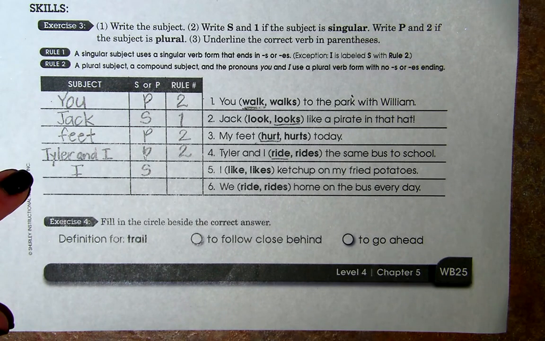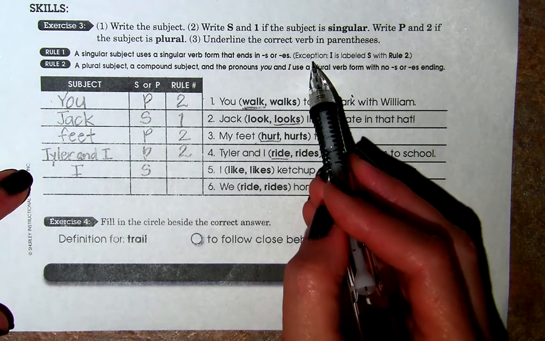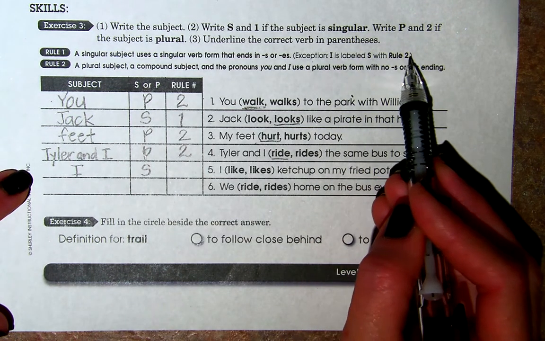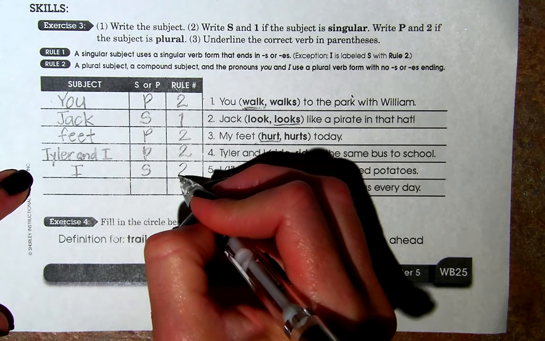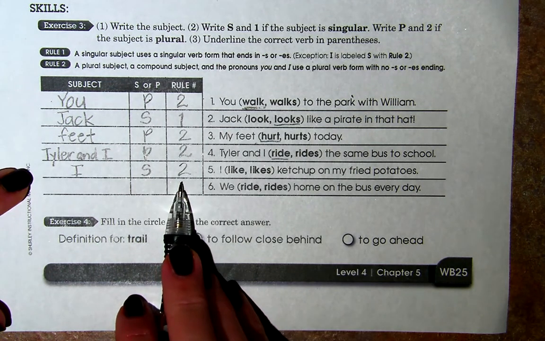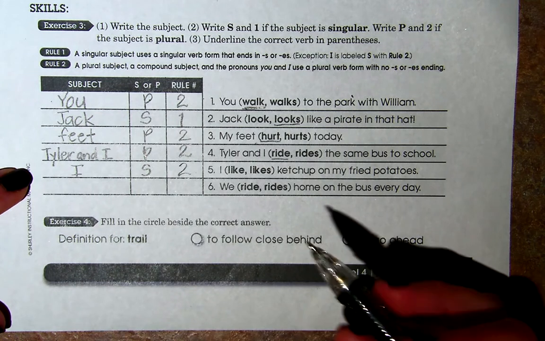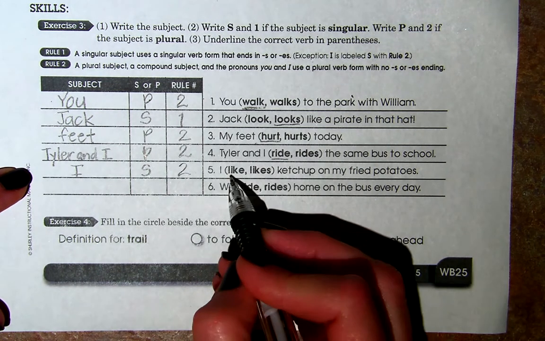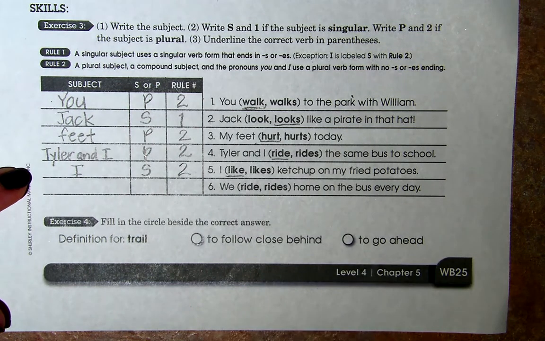So you see this right here. It says exception I is labeled S with rule 2. So this one's different. It's a little bit tricky. And so because it follows rule number 2, it's going to need a plural verb, even though that kind of is crazy. But I like ketchup on my fried potatoes.